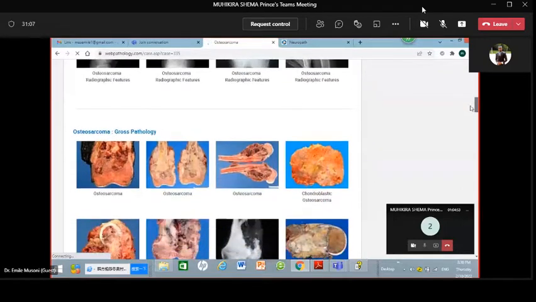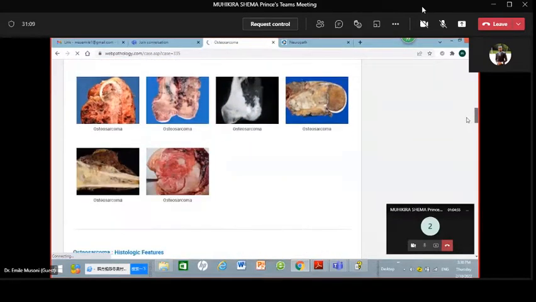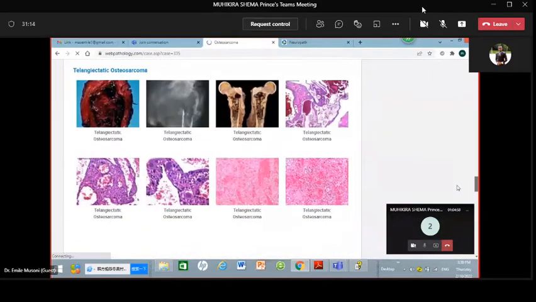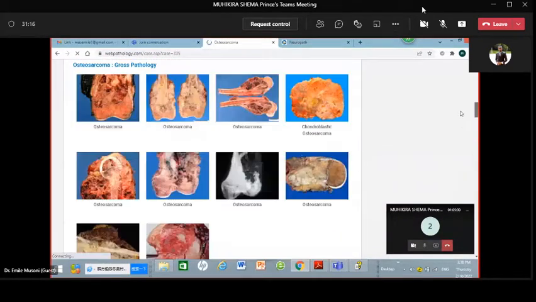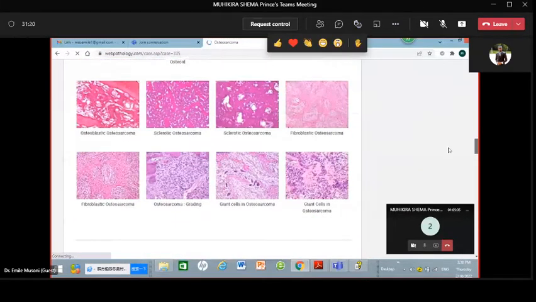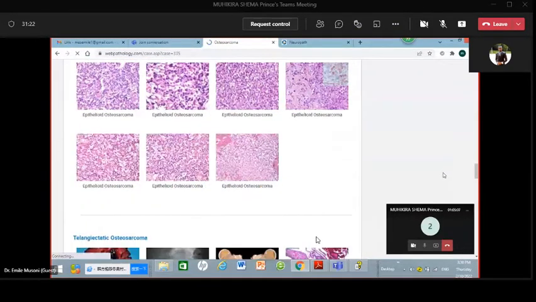Here you see some more gross images. This is an image of osteosarcoma.